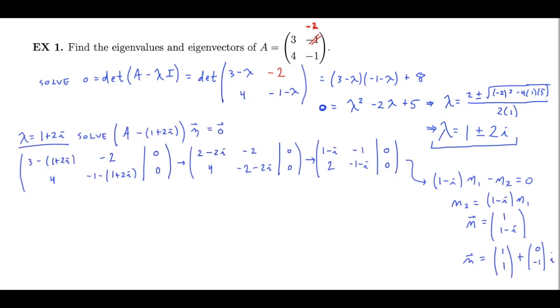All right, so I have taken lambda equals 1 plus 2i, plugged that into this form of the eigenequation, and worked through the steps to find the corresponding eigenvector eta. I'll color code that eigenvalue eigenvector pair as I like to do. There's just a couple details that I want to point out here.